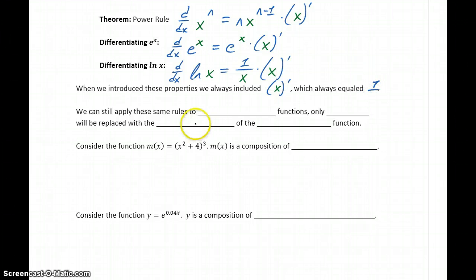We can still apply these rules exactly as they're written to composite functions without actually having to establish any new properties. So the only thing that's going to change is that that derivative of x at the end of each of those rules will be replaced with the derivative of the inner function if we're dealing with composite functions.